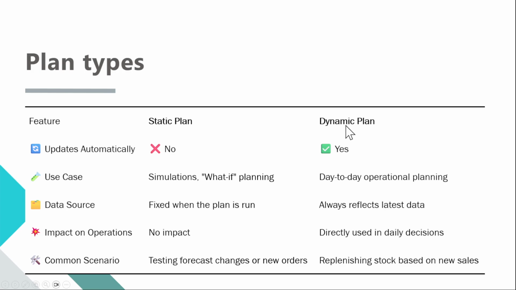The dynamic plan is a flexible plan that updates automatically with real time changes, such as a new sales order, and it allows monitoring of the evolving order network without altering the static plan. It is ideal for short term, day to day planning and capable to promise, or CTP, scenarios.